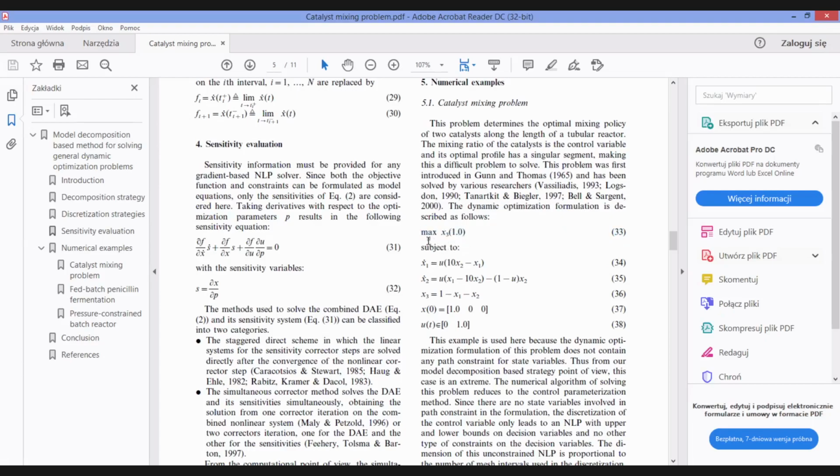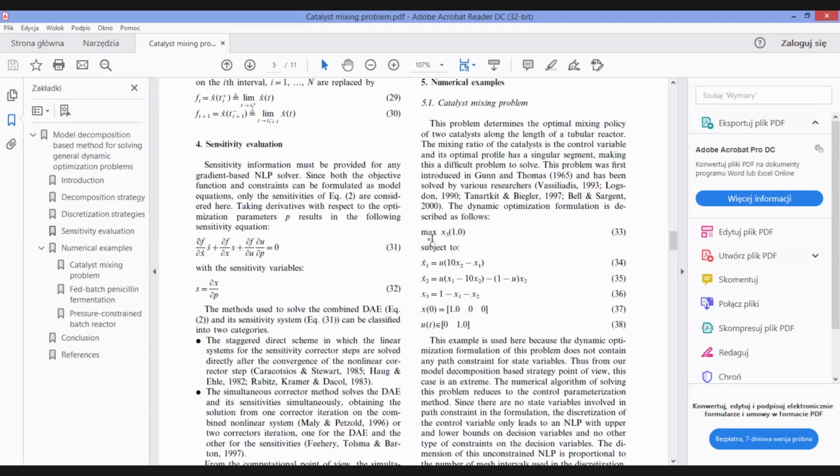We need to find a value of u, but we need to find this value of u in this way that the value of x3 at the end of the process should be maximized.